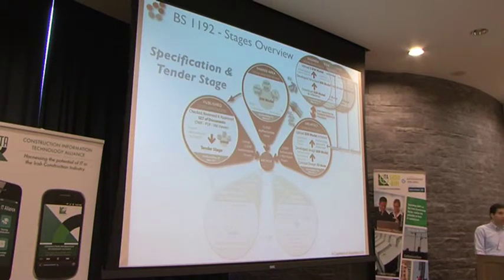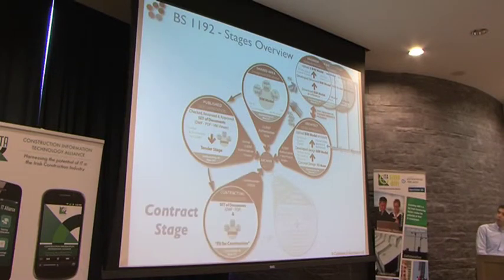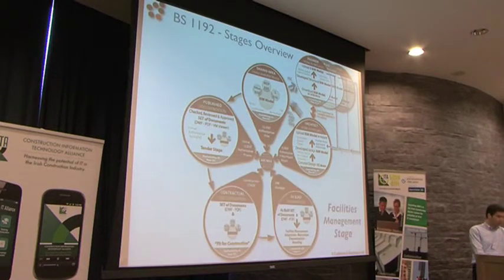Then we go to the specification and tender stage. We go then to the contract stage, and at the end we finish with an as-built model, for the facilities management. And it's really portrayed as a sequential process that we start with the concept design and develop all the way along these stages to the FM stage.